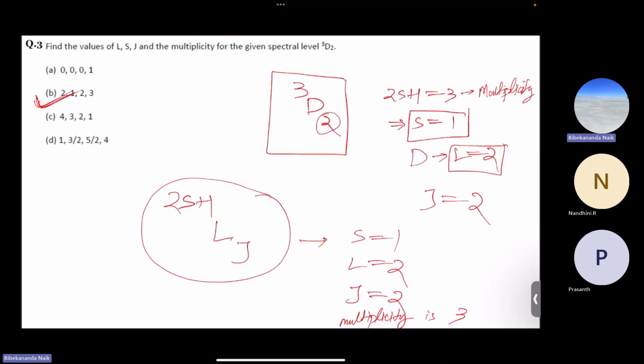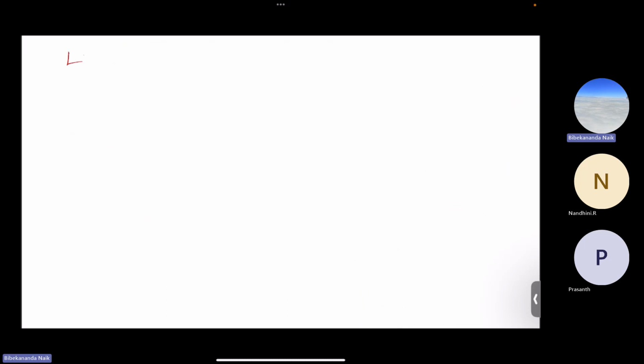Now, in this question, if we talk about the other options, now 0, 0, 0, 1. Can anyone tell me what will be the state which consists of L 0, S 0, J 0 and multiplicity 1? L is 0, S is 0, J is 0 and multiplicity 1.